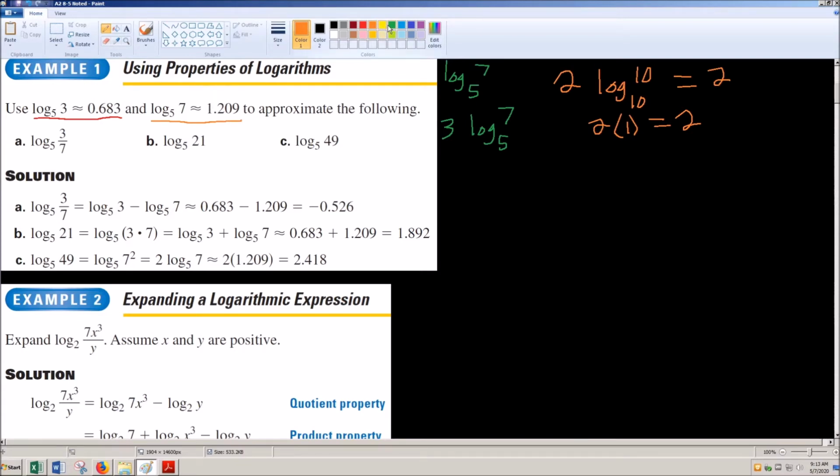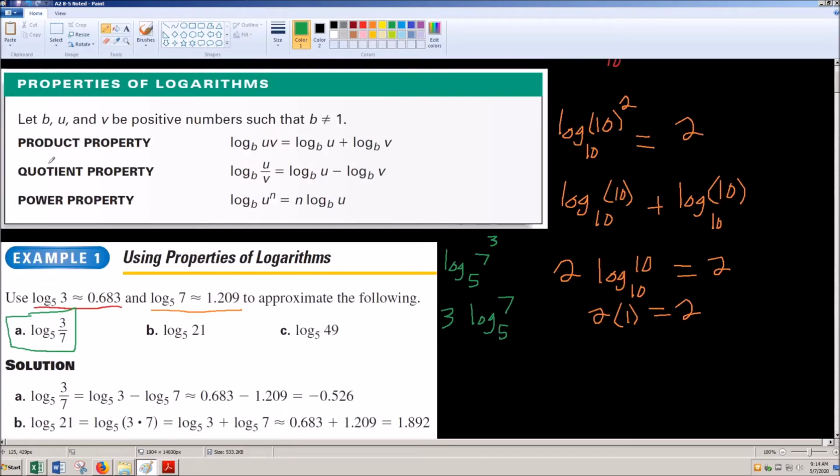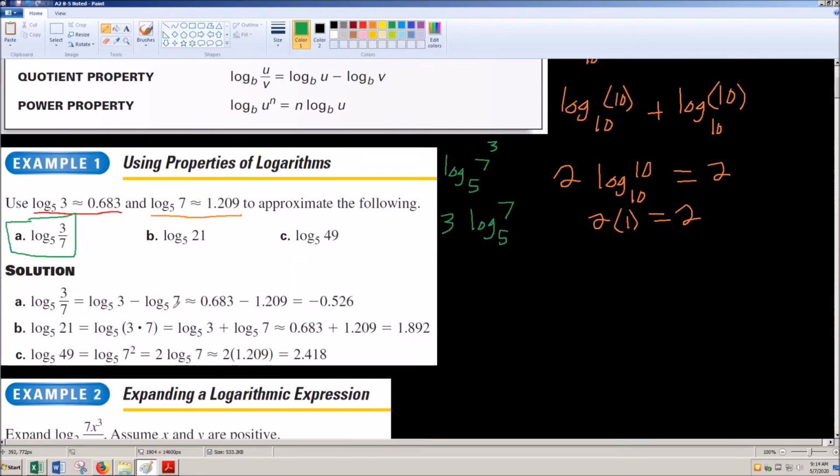So let's take a look at the first one here. Looking at this one, I have log base 5 of, and then I've got some division going on. If I have division going on, this is my quotient property of logarithms. So I'm going to scroll back up just a little bit, and I'm going to highlight this one here. Quotient property says if I have division, numerator divided by denominator, it's going to be that numerator thing minus the denominator thing. So this is going to split.